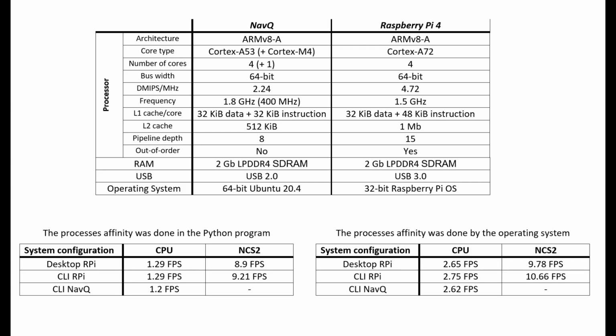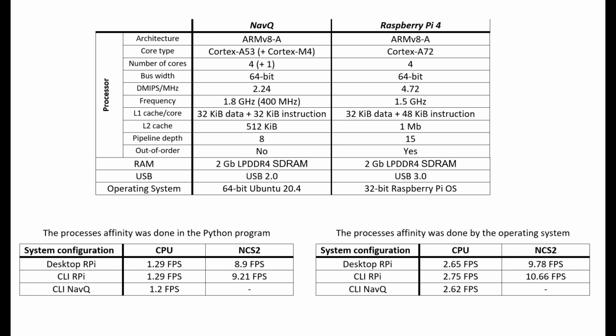In the end, I presented here, together with the CPU's parameters, the performances obtained by the human recognition system when the process affinities were configured from the program and when the operating system sets the process affinities. The first observation is that the application performance differences between the command line system and a desktop system with graphical user interface are very small.